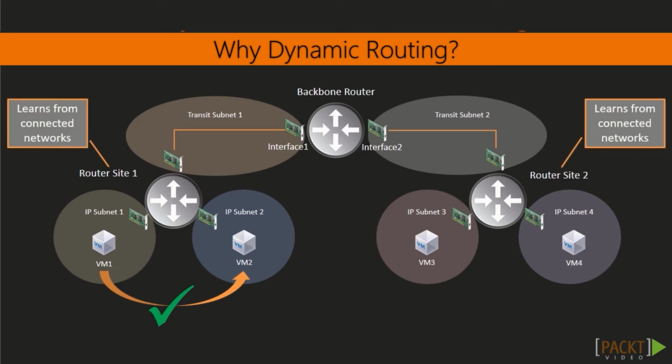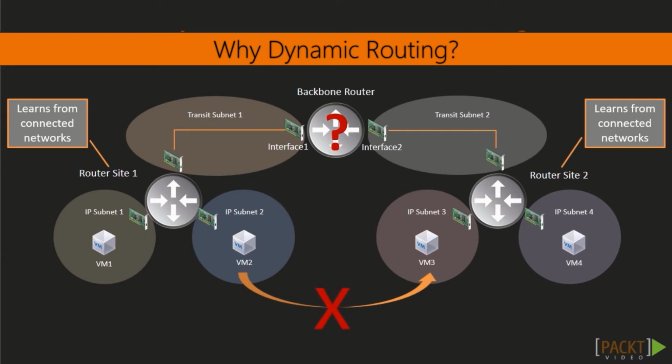A completely different story: if virtual machine 2 would like to talk to virtual machine 3, it is not possible. So VM2 sends the Ethernet frame to its local gateway or default gateway, which is the router at site 1.